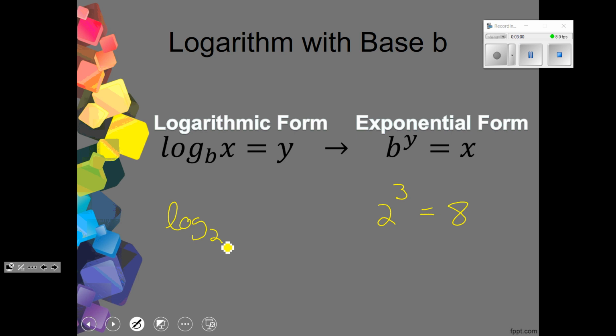Notice it's still the same base. The log base 2 of 8 is equal to what exponent? 2 to what power would be equal to 8? It would be equal to 3. Does that make sense? And that's going to help you when you don't know the exponent. You'll be able to evaluate a log, and it'll give you the exponent.